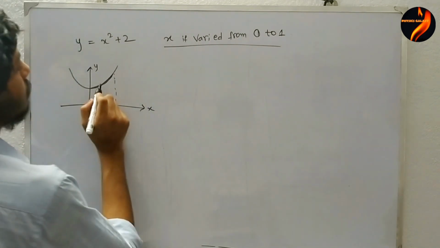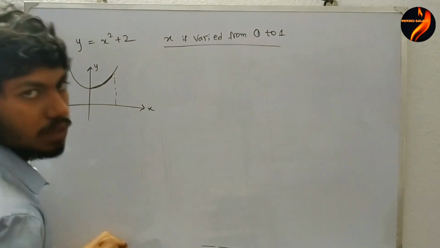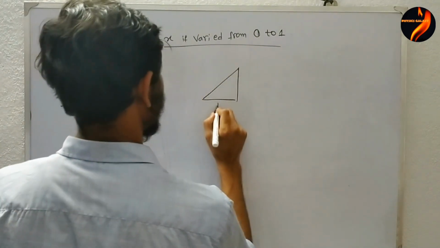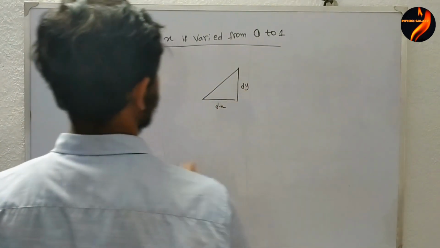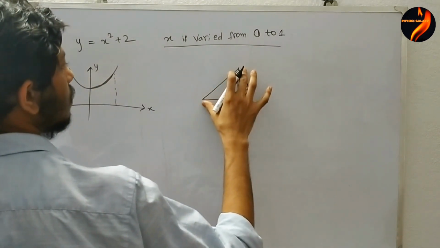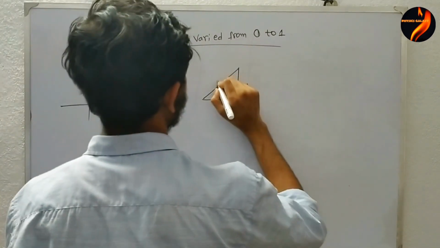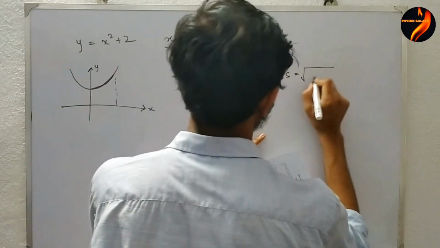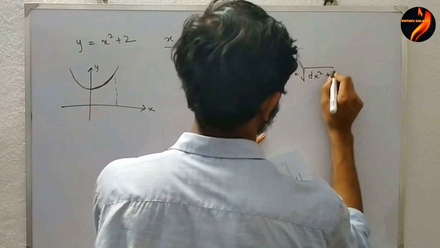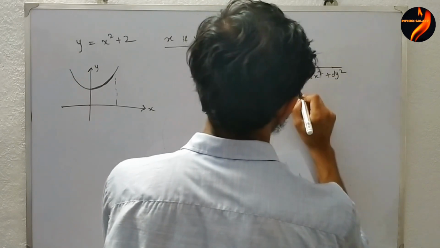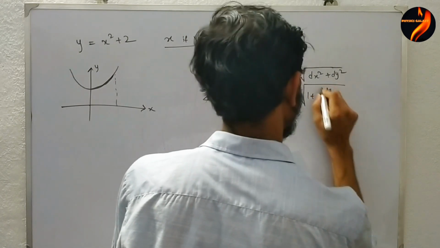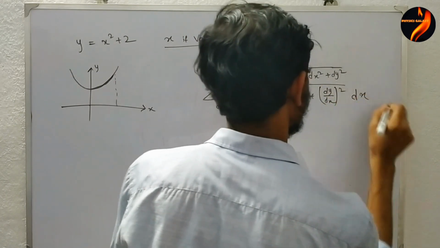Now if I see a small portion of this curve, then I can see this dx, dy, and this small length of the curve is say ds. So ds equal to root over dx square plus dy square, and 1 plus dy dx square.